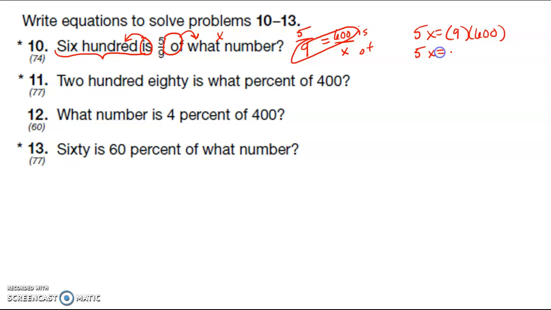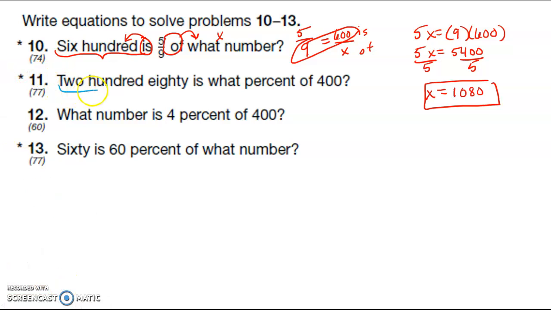So 5x is equal to 5,400. Divide by 5. X is equal to 5,400 divided by 5, 1,080. 1,080.